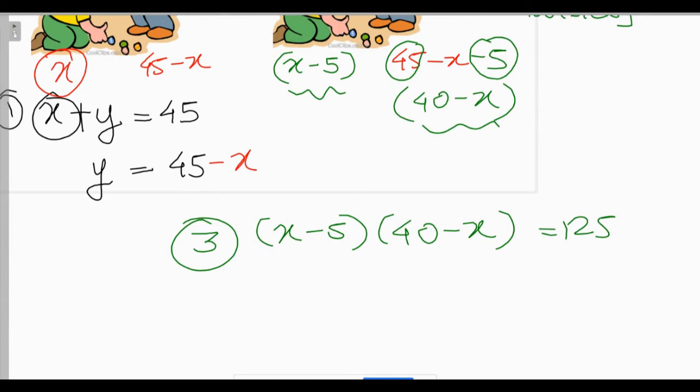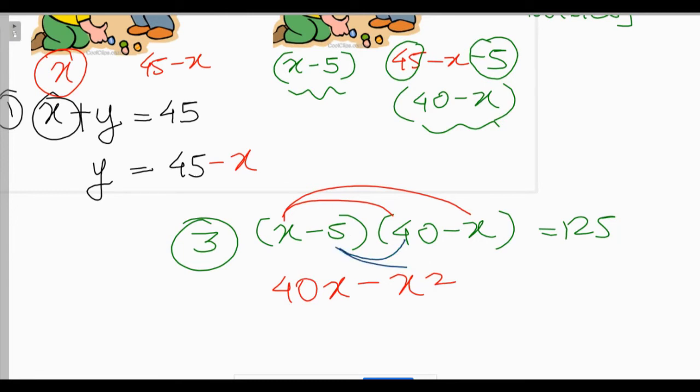Open the brackets quickly. The first term will get multiplied with the first and the second term of the bracket: 40x, x into x is x square, and the next term will get multiplied with the next two terms: minus 200, minus minus plus, gets 5x. Okay, pretty simple.